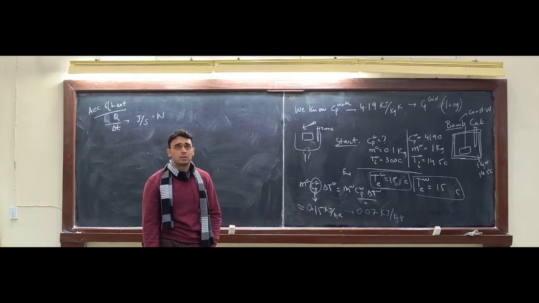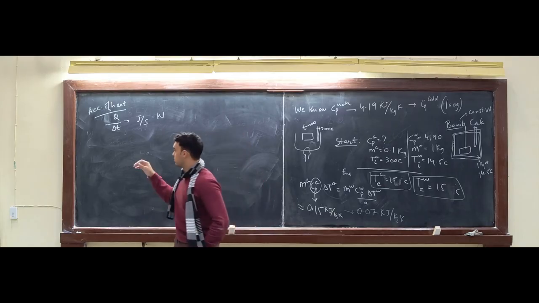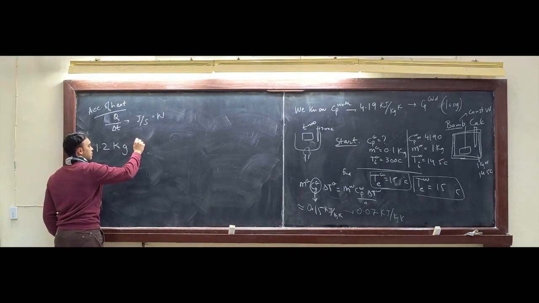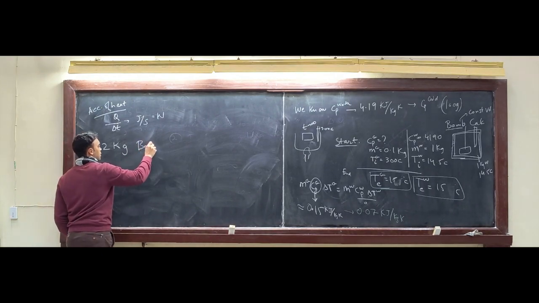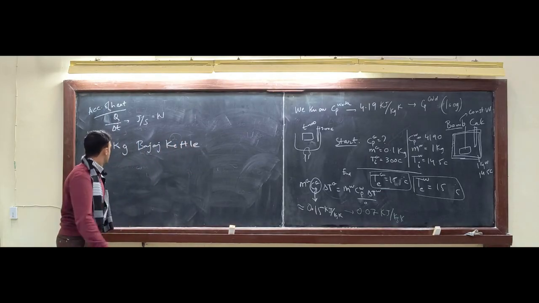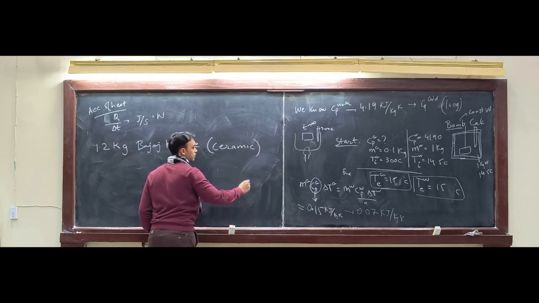Imagine you have a glass kettle here with you, and I'm not your heat transfer instructor, but some layman who doesn't belong to chemical engineering. What they want is to heat this. So let me write. You have a 1.2 kg capacity kettle, and it's made of, you have those fancy ones, ceramic material or glass material.